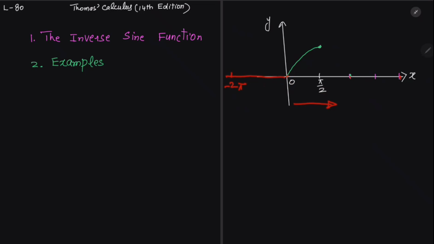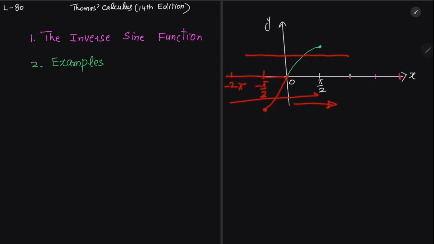So when this function continues its journey like this until minus pi by 2, we can also see over here that the function is still one to one, since the horizontal line passes through it at only one point. So this is a one to one function.